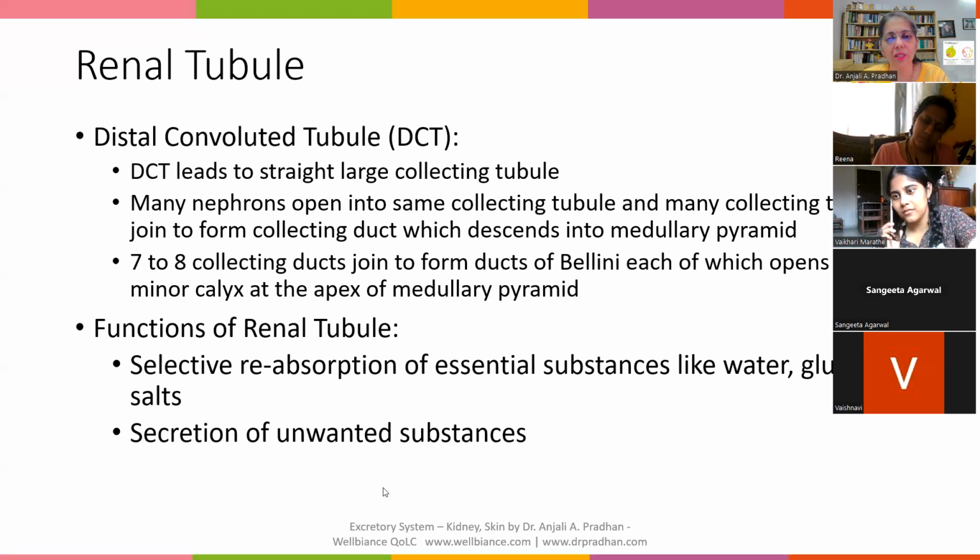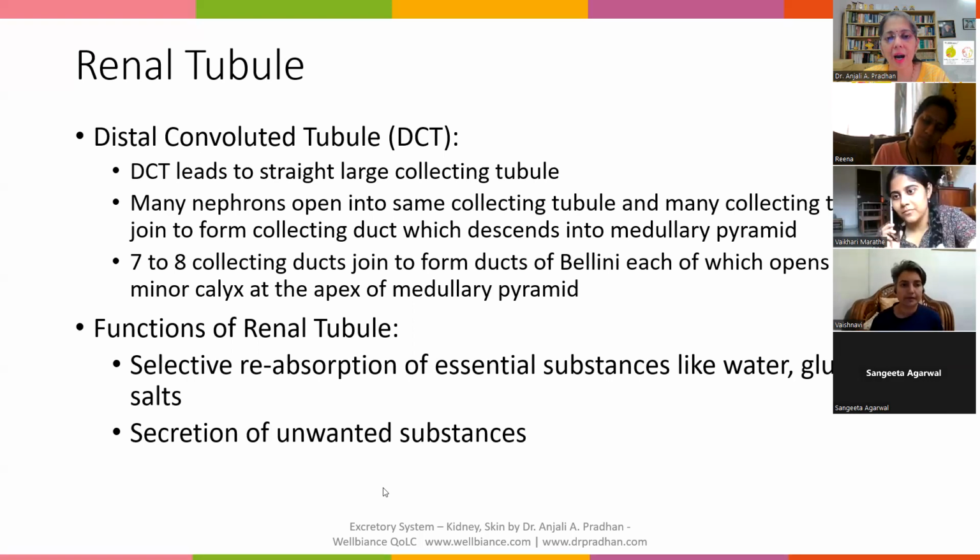And those substances which are not required, like ammonia, urea, uric acid, they are secreted into the tubule. Understood? Correct? Go ahead. Any questions?